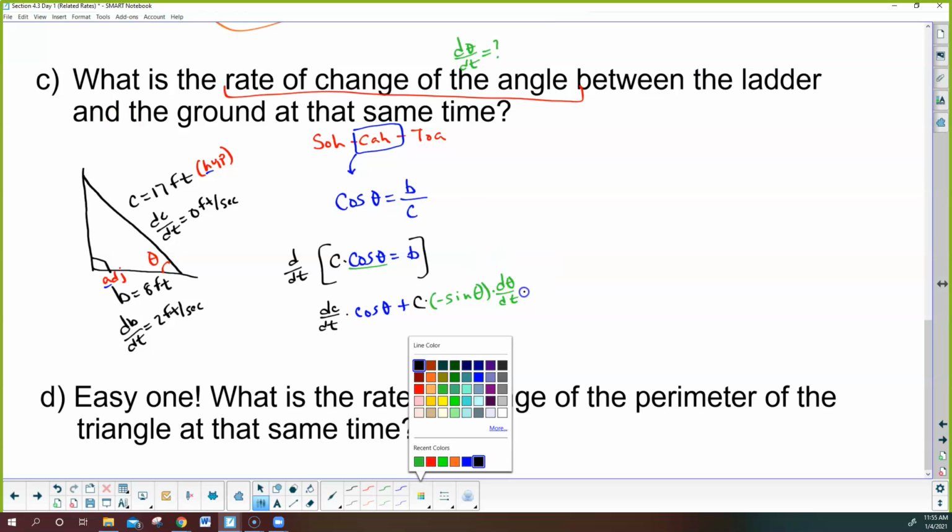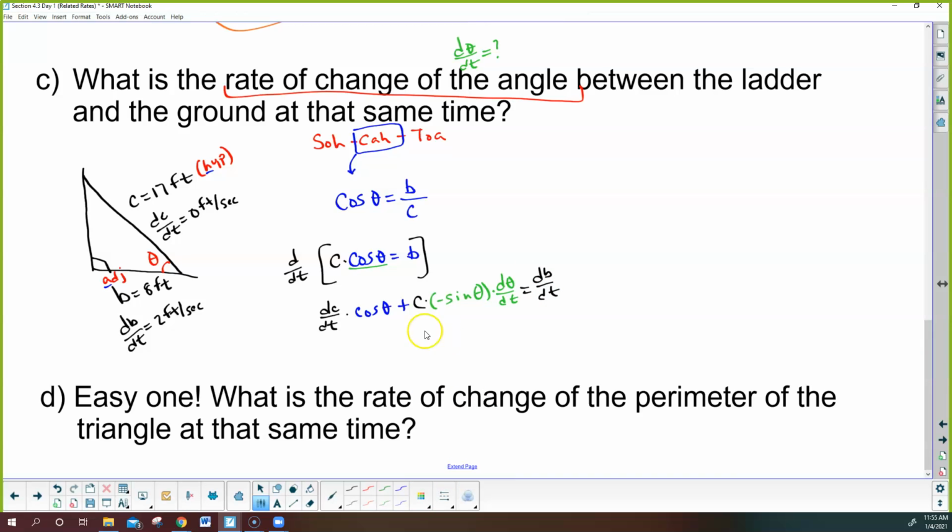And then that's going to equal the derivative of the right side. And the derivative of the right side is friendly. That's just dB dt. So notice, I didn't plug anything in yet. But now I'm going to take a look and see, well, what do I know? I know dc dt is 0, which is really friendly because that gets rid of this part.